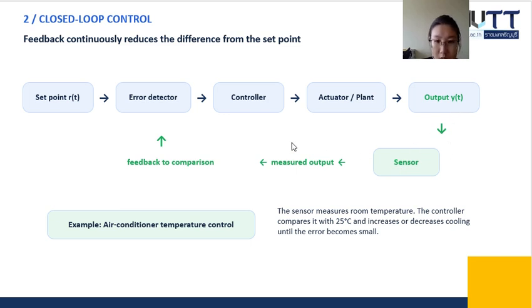The controller compares it with the set point and adjusts the action according to the error.